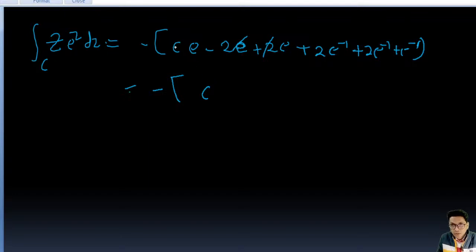So it is going to be e minus, these will get added, so it is 5 upon e minus e.